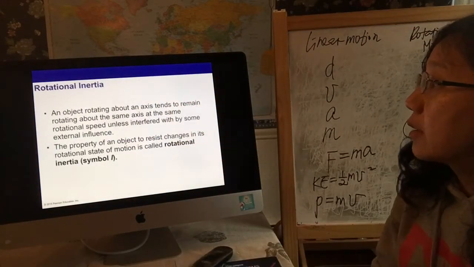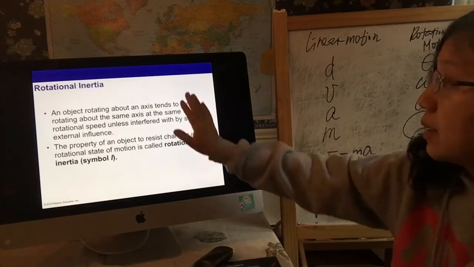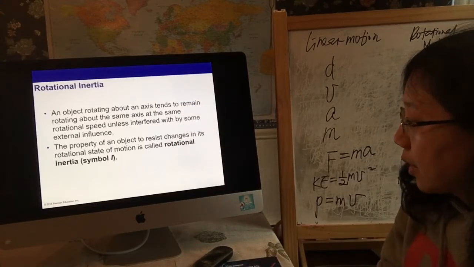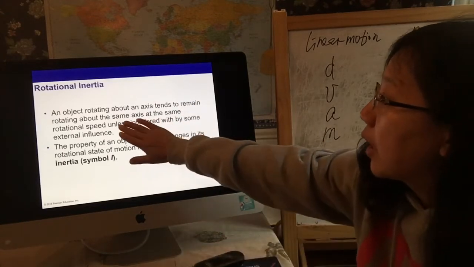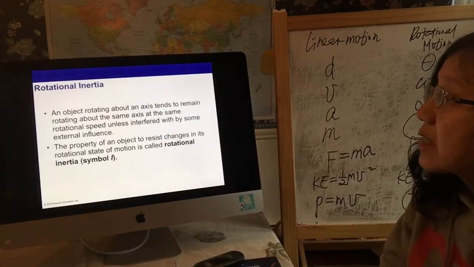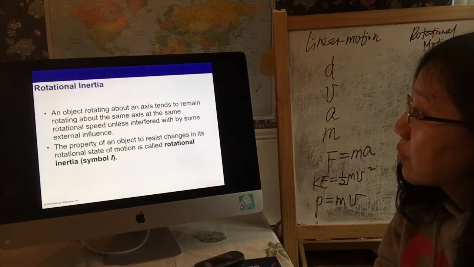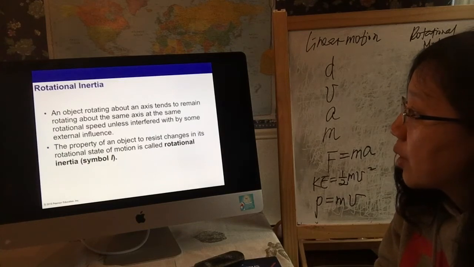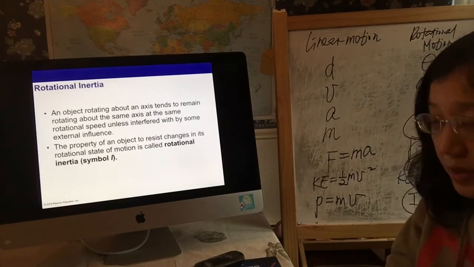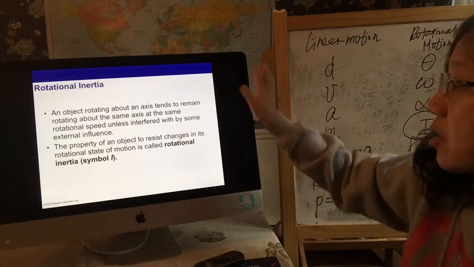If you take a look at this slide, an object rotating about an axis, which we call a rotational axis, tends to remain rotating about the same axis at the same rotational speed, unless interfered with by some external influence. That's the thing we're going to talk about later.